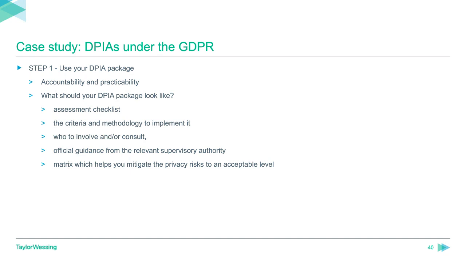The second point to bear in mind is that failure to implement a DPIA may lead to fines. And as you know, the fines under the GDPR are quite high. The maximum sanction for failure to carry out a DPIA under the GDPR is a fine of the higher of 10 million euro or 2% of an organization's annual global turnover.